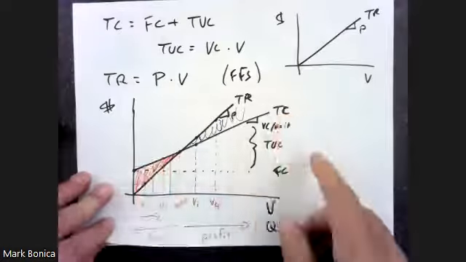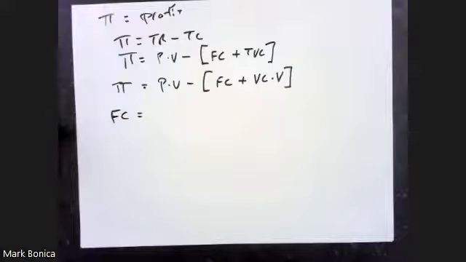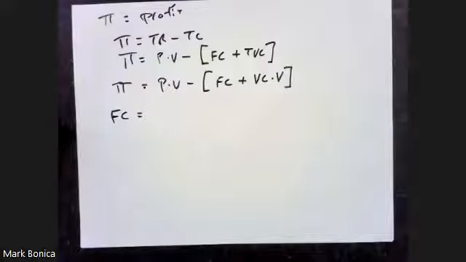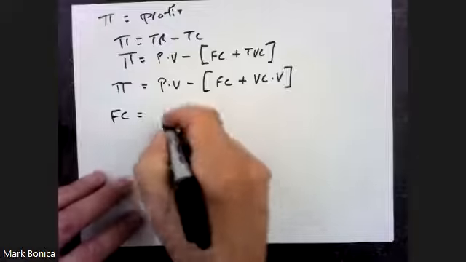We said that the fixed cost, remember our fixed cost for our lab was we had $50,000 for the machine and $50,000 for the lab tech, for a total of $100,000.